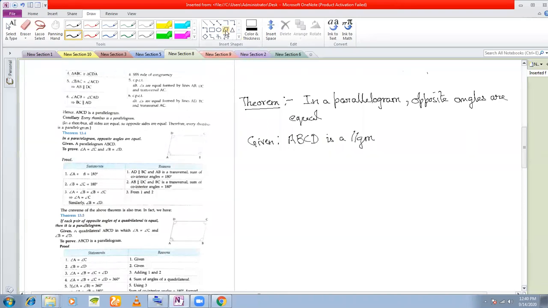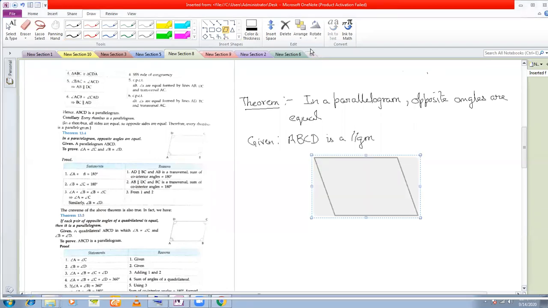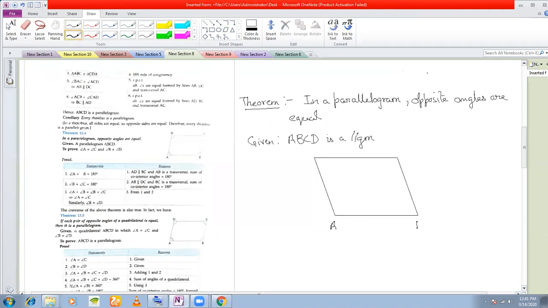So we'll draw a parallelogram. We'll mark the parallel sides. Okay, so this is a parallelogram.